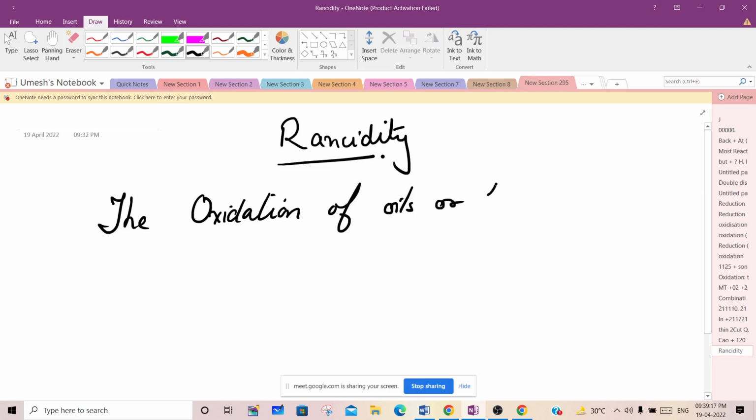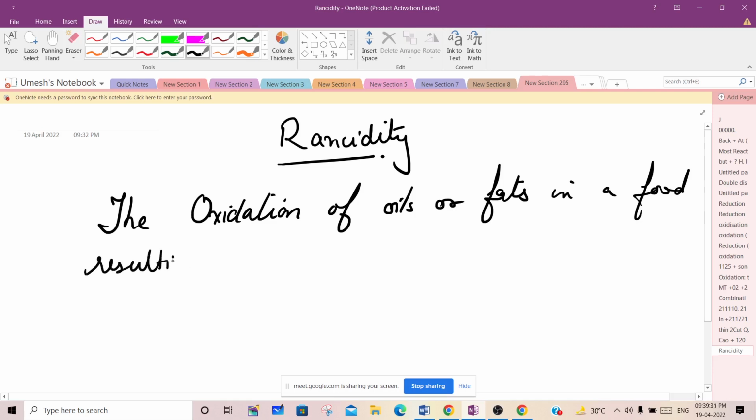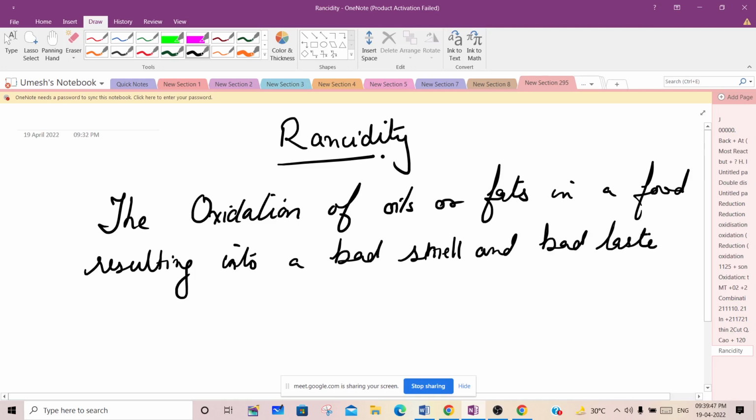Oxidation of oils or fats in a food, resulting in a bad smell and bad taste, is called rancidity.